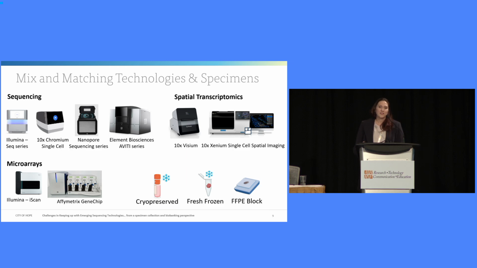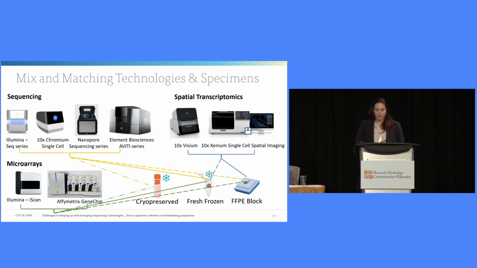So we all know that there are almost countless types of sequencing platforms available, and additionally, many of these platforms offer multiple chemistries depending on what exactly you're trying to look at. And these different platforms are going to be best compatible with different specimen types and less compatible with others.